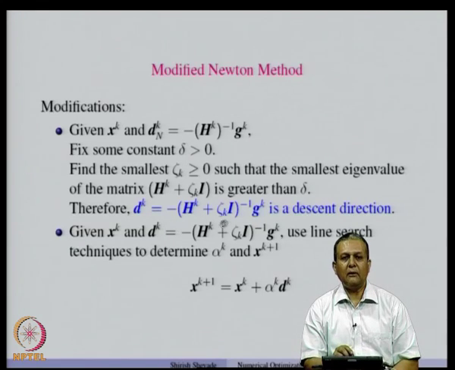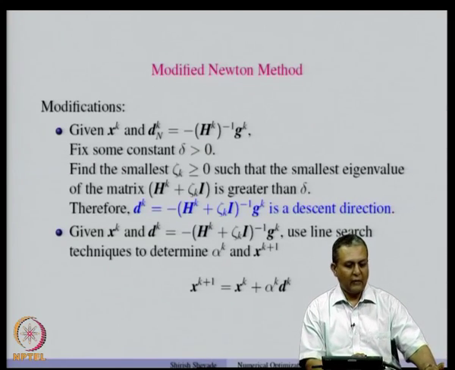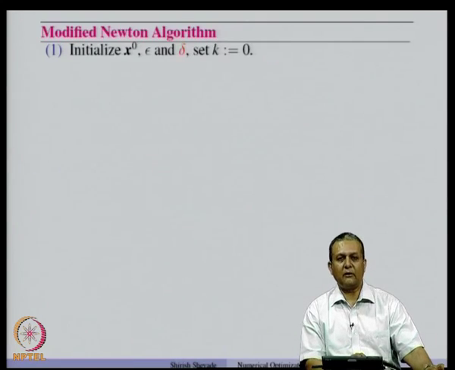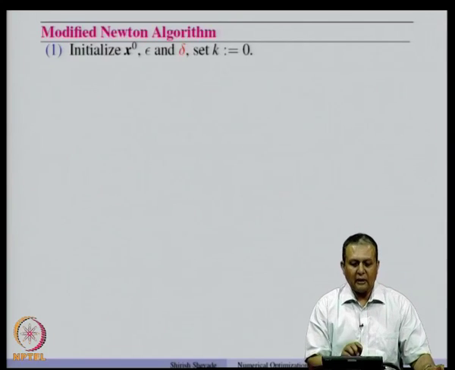So, initially, wherever the initial point x0 is, the addition of the extra term to the Hessian matrix makes sure that the steps are taken in an appropriate way, so that the convergence is achieved. So, one can show that this modified method is globally convergent. Now, let us look at the algorithm.